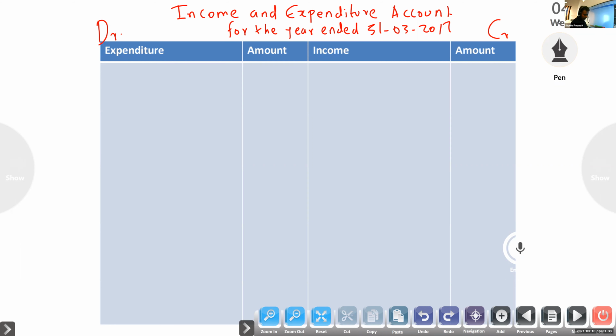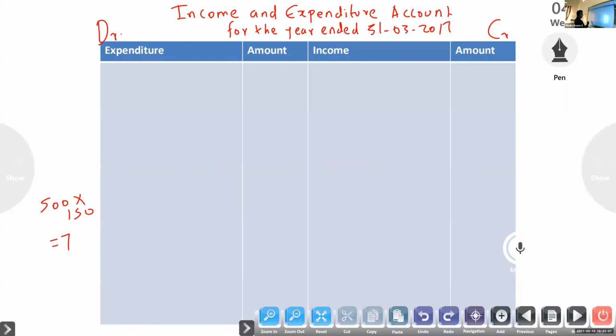Now, the first adjustment. The club had 500 members, each paying an annual subscription of rupees 150. We already did this problem, a 3 mark question.